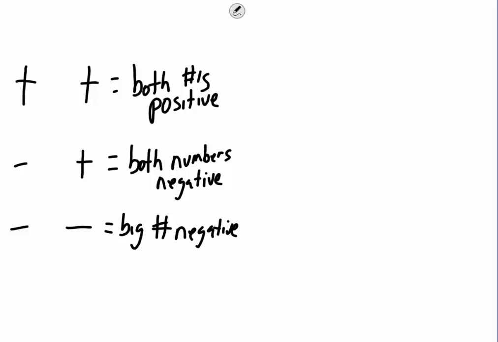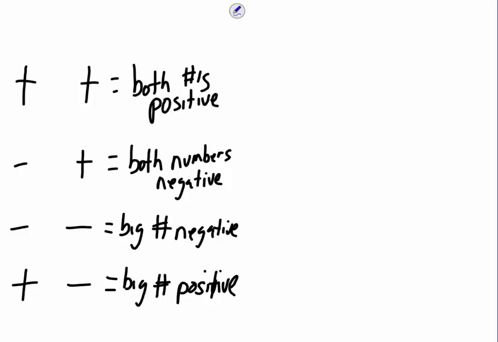Could have written that as small number negative, small number positive, but okay, and then big number positive. Okay, so there's my little cheat sheet. I'll show you how to use it as I'm doing a few different problems here.